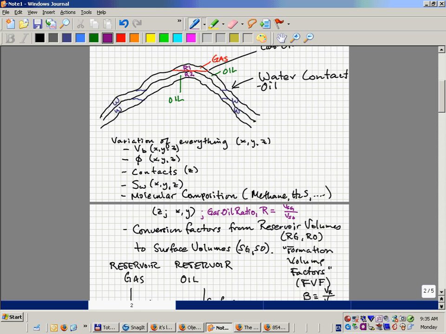Cubic meters of surface gas per cubic meter of surface oil. In Smørbukk Sør, just out here, which is an oil, it's probably got a gas oil ratio of 600.